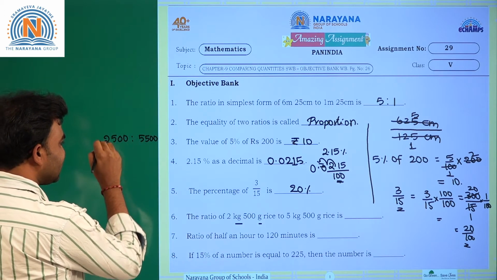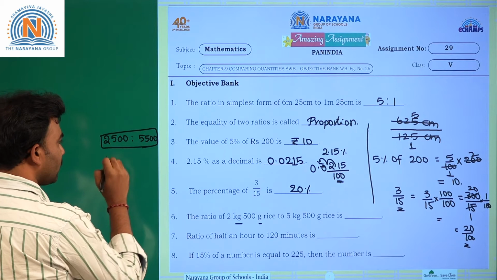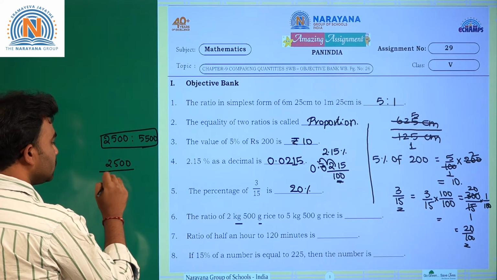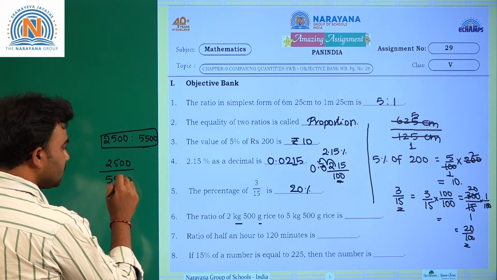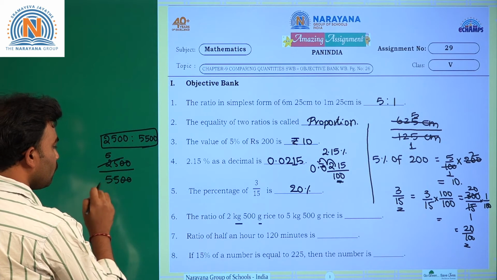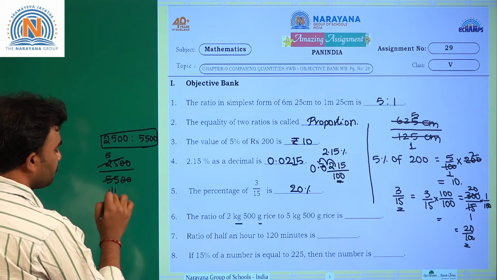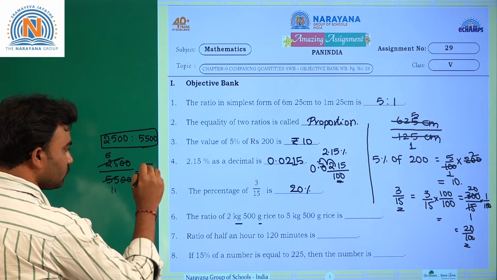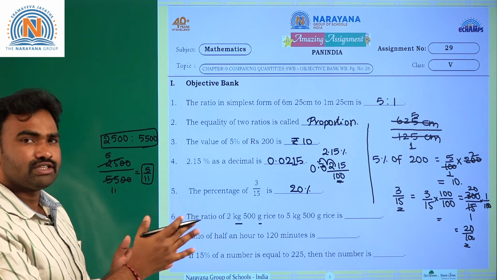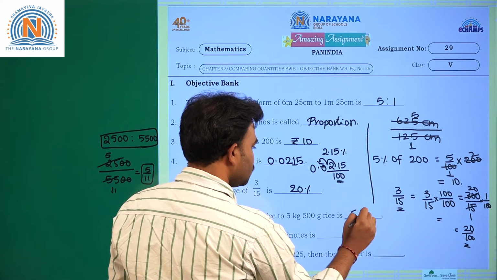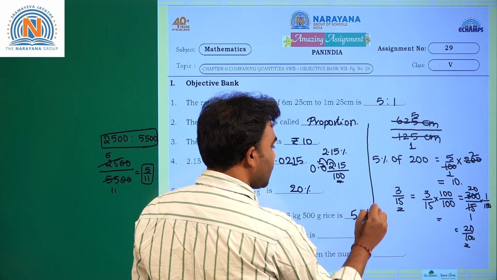This ratio we can write as 2500 by 5500. Two zeros cancel, and 5 fives are 25, 5 elevens are 55. The answer is 5 by 11, which we can write as 5 is to 11.